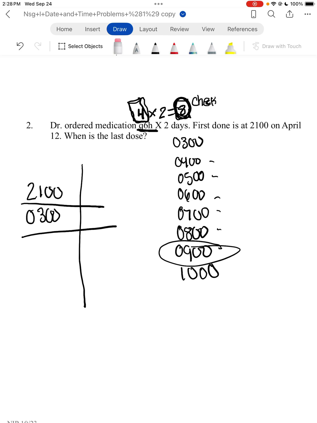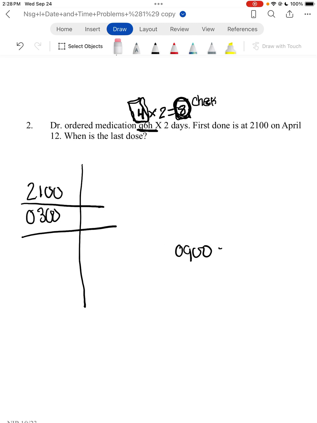I would recommend you breaking it down like that so you don't mess up, because it's easy to miscount. 0900. So now we need 1 more. So we start at 0900. Don't really count 0900.